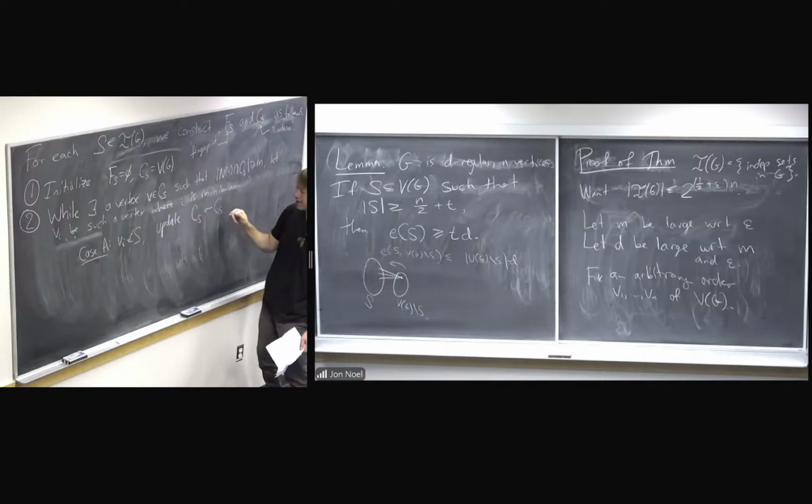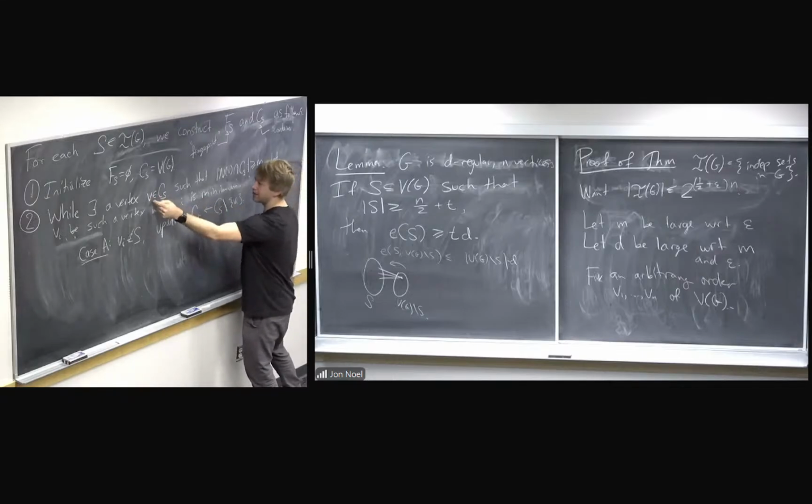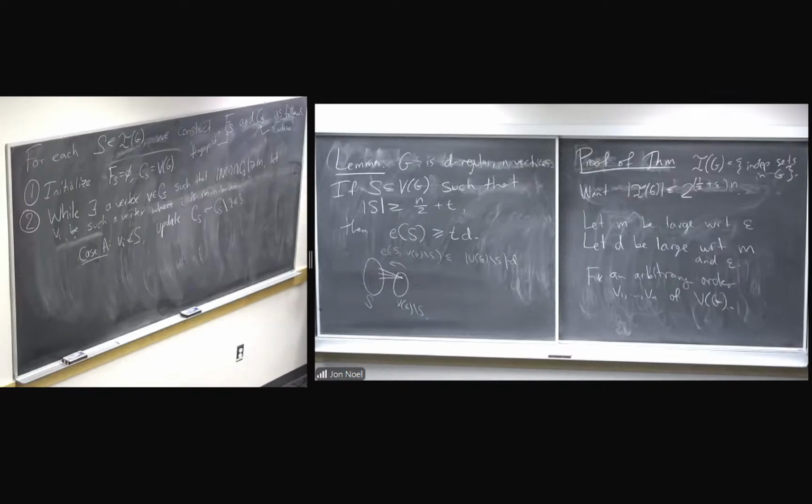What I'm trying to say is take this thing CS and change it to CS minus VI. Because we were taking a vertex in the container, it used to be in the container, so now we just take it out. And don't change the fingerprint. So FS stays the same.